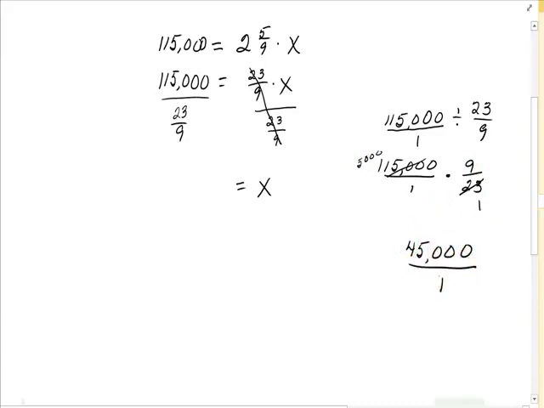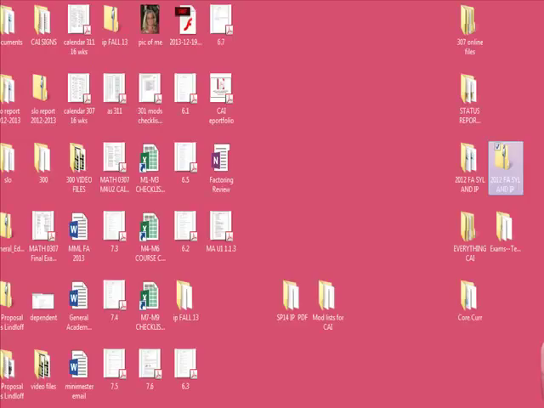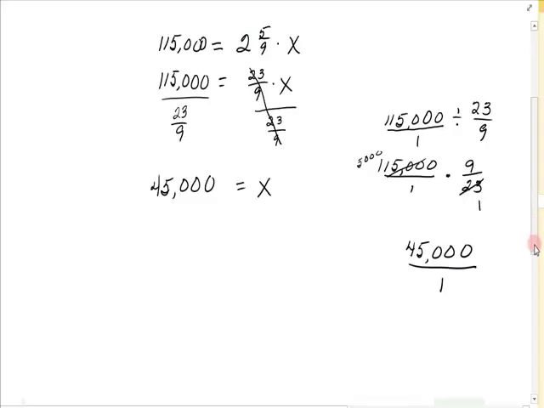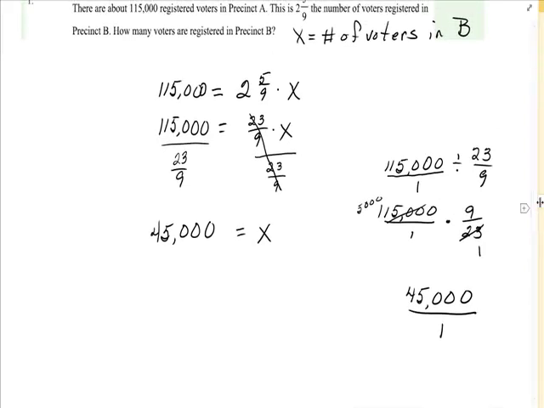It's over 1. I will say it is just 45,000. That will be the number of voters in Precinct B. So although the problem started out, this is 2 5/9 of the mystery number, I ended up dividing in the problem.